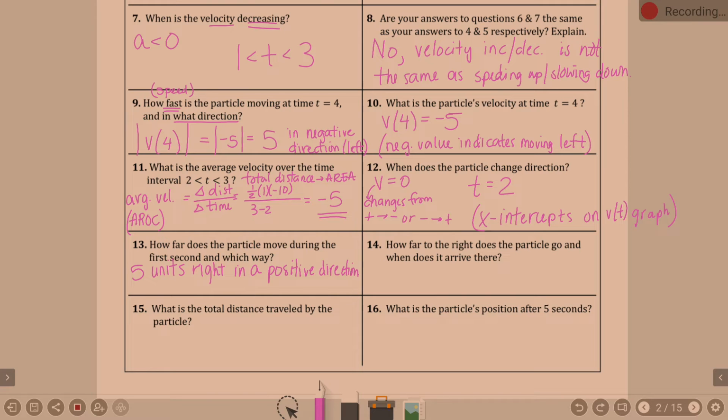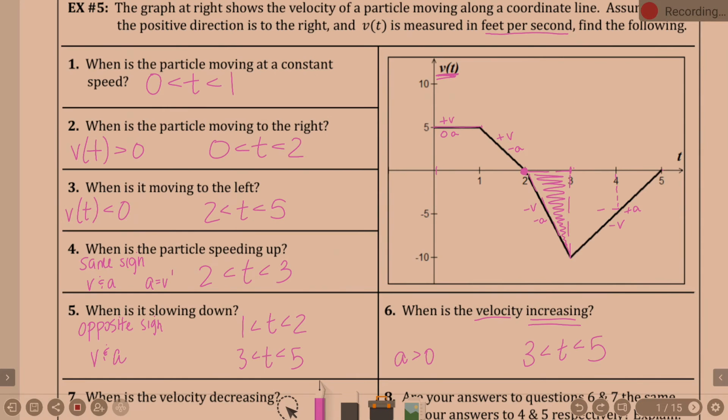14. How far to the right does the particle go, and when does it arrive there? It's going to be more than 5.